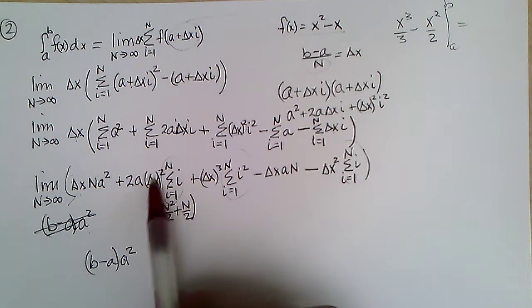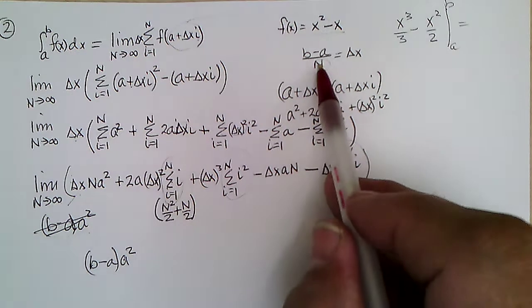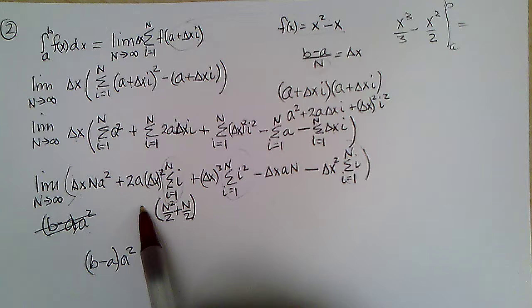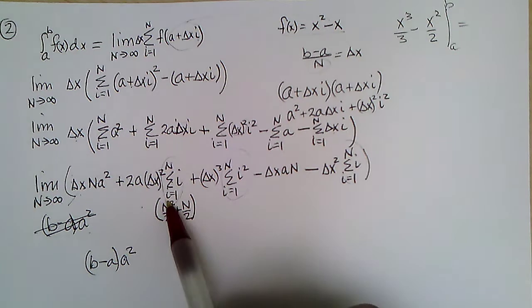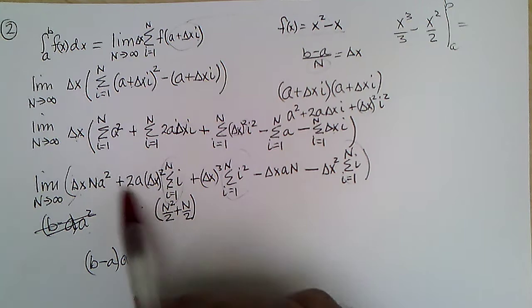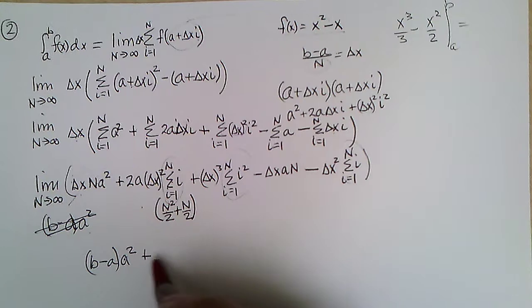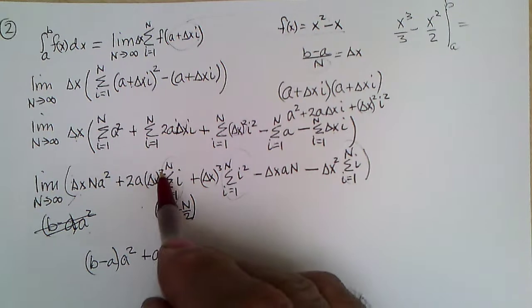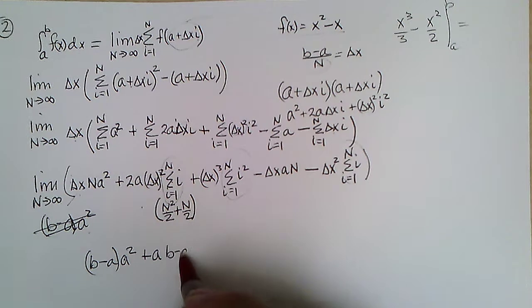Now, I have delta x squared, which means it'll have an n squared in the denominator. Now, the n squared, let's cancel the n squared and make a half on this first part. So I'm going to have a half times a 2, which is 1. The numerator of this will be b minus a squared.